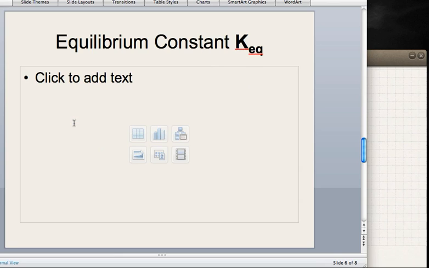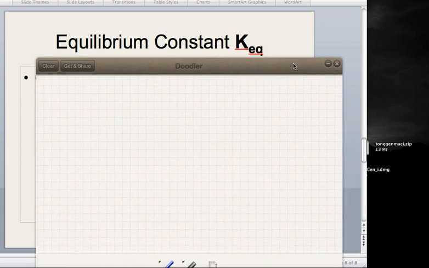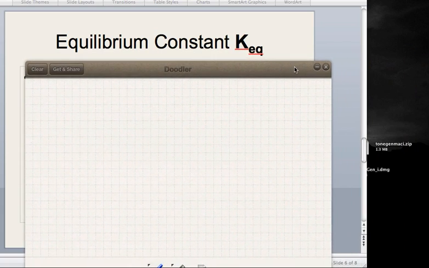The equilibrium constant. All right, now here comes the time for some math. So let me bring over my doodler here. The equilibrium constant, KEQ, looks like this. KEQ is always the concentration of the products over the reactants.